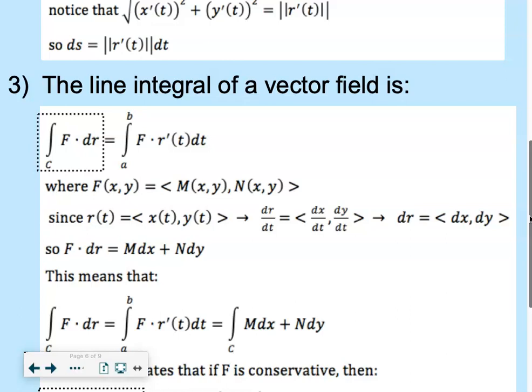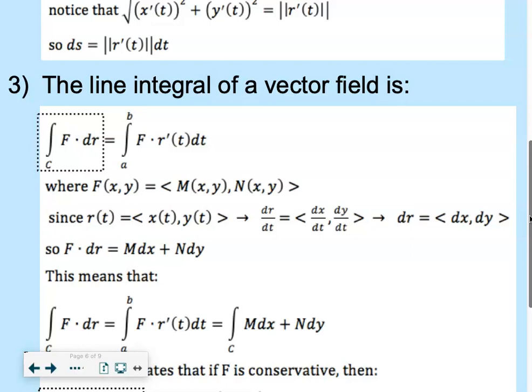Why? This is where I was talking to you guys yesterday, and I was saying I would show you a little bit of a conversion. So dr/dt is dx/dt, dy/dt. If you remove the dt's from the situation, you get dr equals dx, dy. So if you do F dot dr, you get M dx plus N dy. So F dot dr is actually equal to M dx plus N dy.